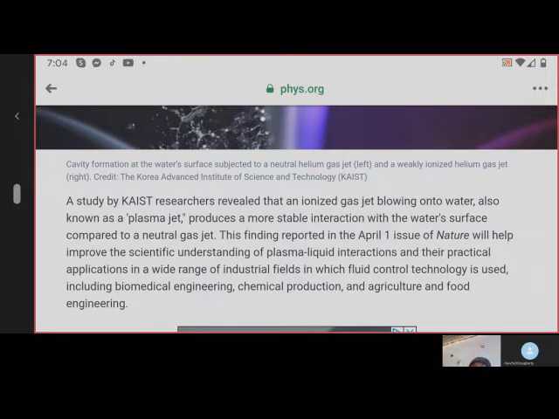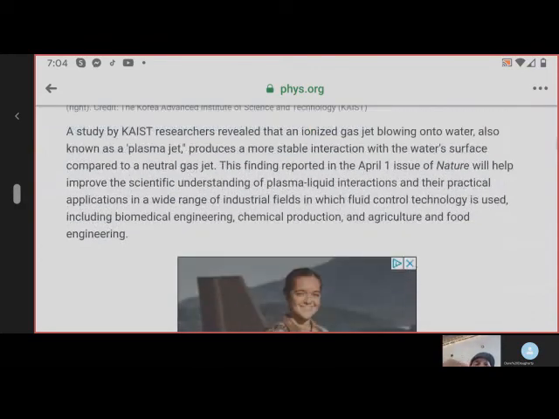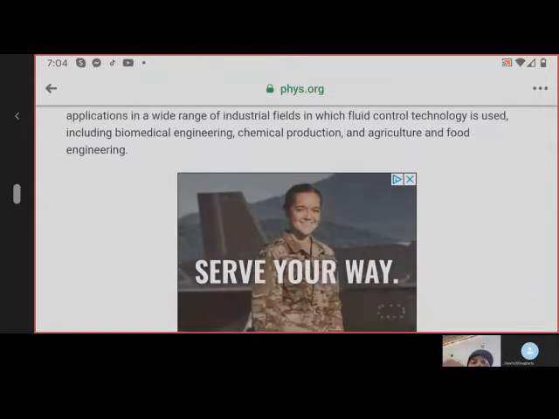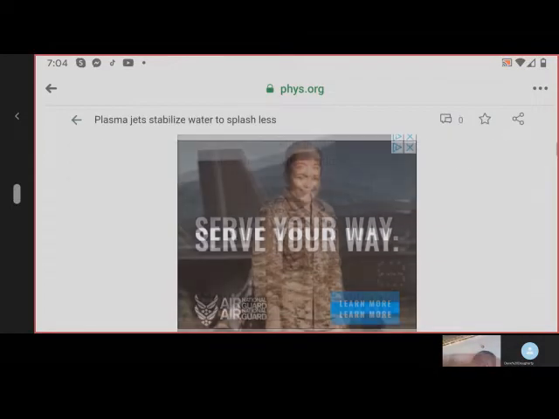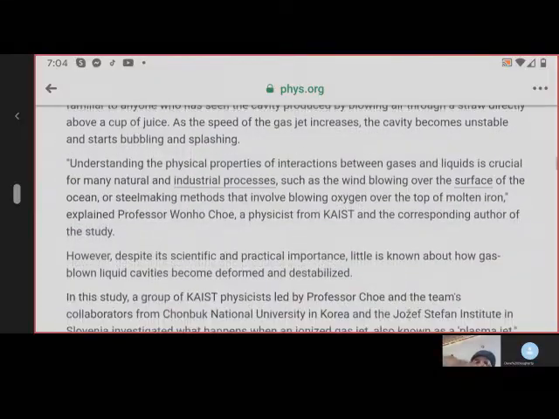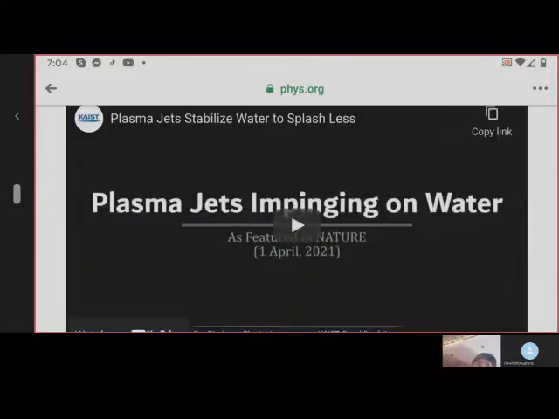This finding, reported in the April 1st issue of Nature, will help improve the scientific understanding of plasma liquid interactions and their practical applications in a wide range of industrial fields in which fluid control technology is used, including biomedical engineering, chemical production, and agriculture and food engineering. Okay. So yeah, there's more to the article, of course. Let's watch it.